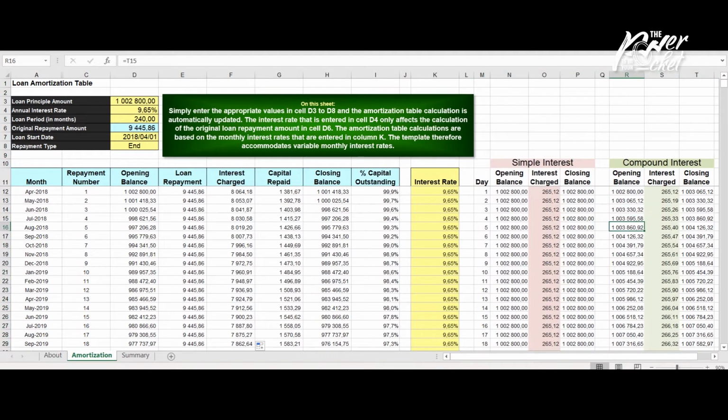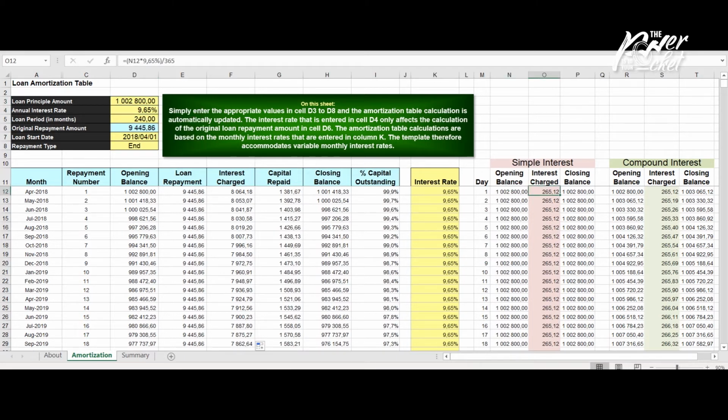But anyway, simple interest calculates interest on the principal amount only. What that means is that the opening balance in calculating this interest will forever be this loan amount, and then you calculate on the annual interest rate.